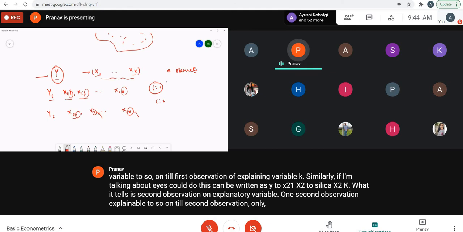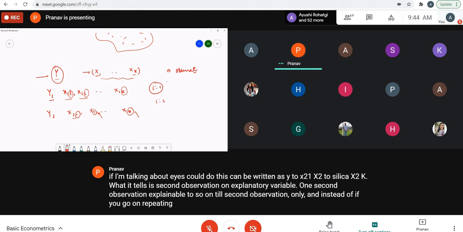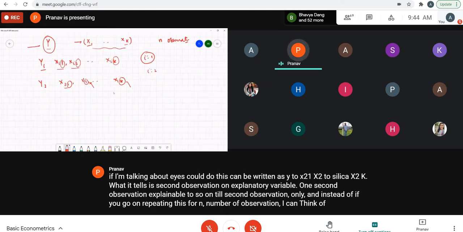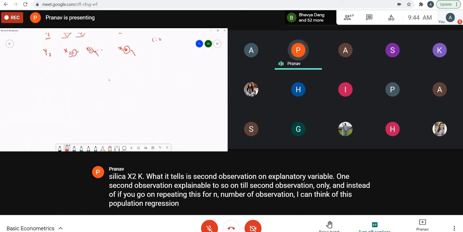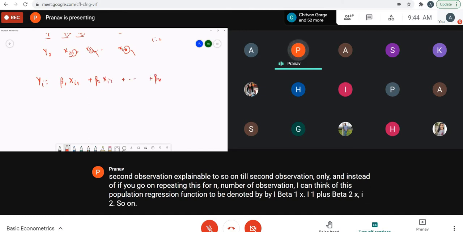And if you go on repeating this for n number of observations, I can think of this population regression function to be denoted by yi equals beta 1 xi1 plus beta 2 xi2, so on till beta k xik plus mu i.